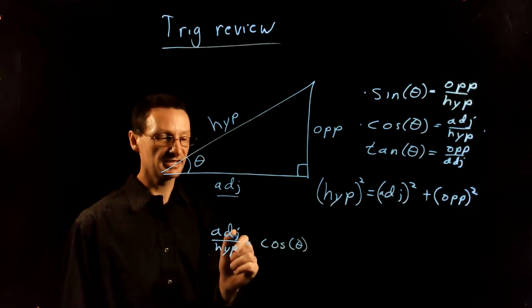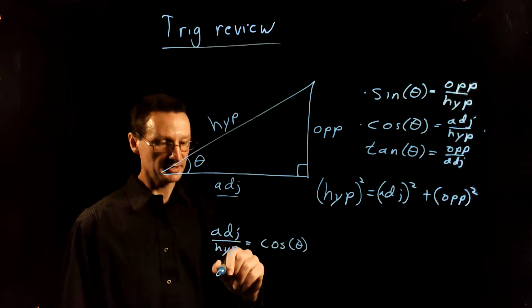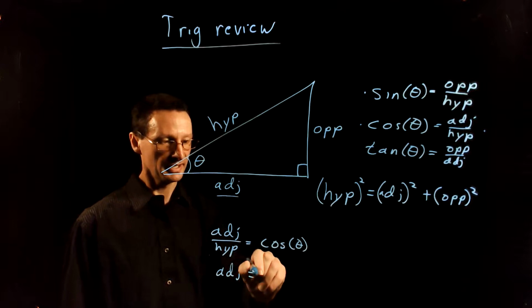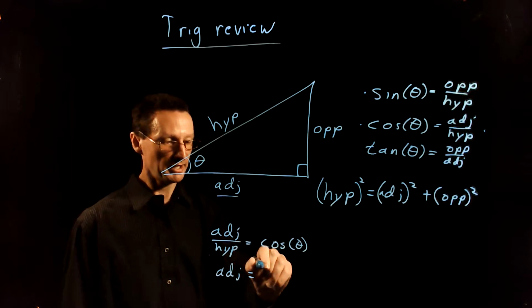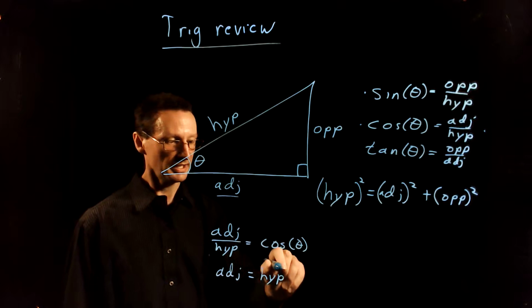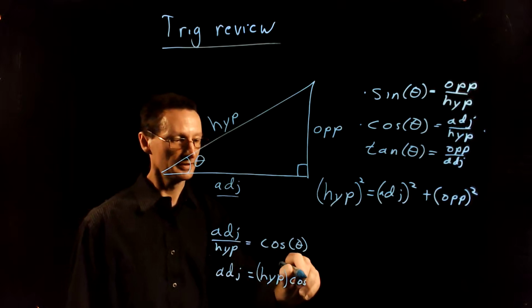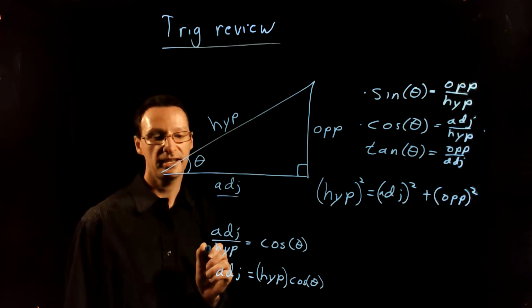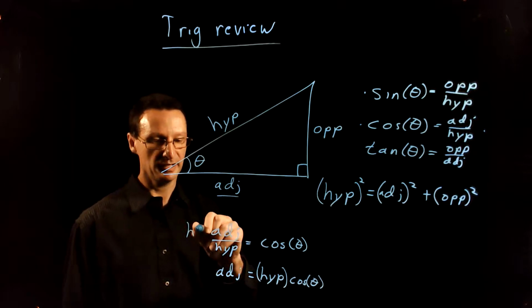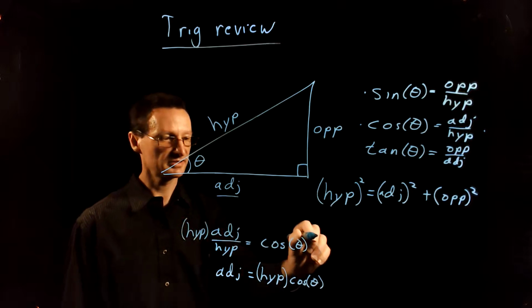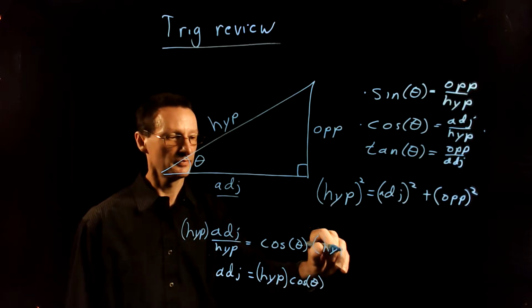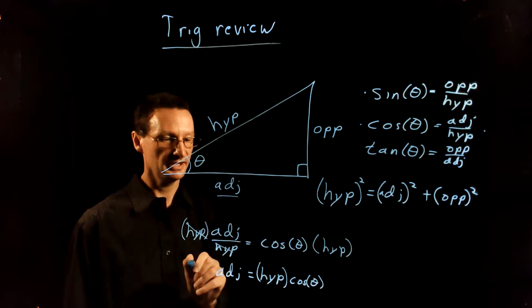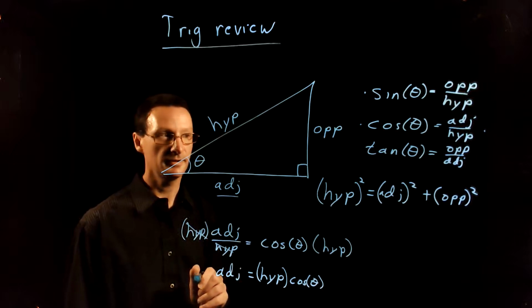And then I just multiply both sides by the hypotenuse. That gives me the adjacent side is equal to the hypotenuse times the cosine of the angle theta. All I did there was multiply both sides by the hypotenuse. Let me just do that explicitly here. And so that cancels it here and leaves us with this expression.